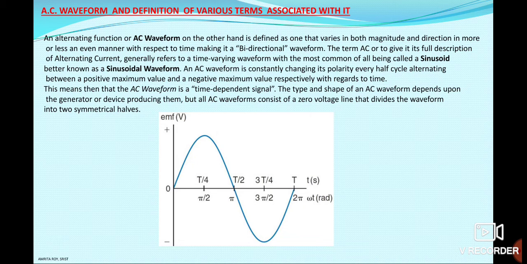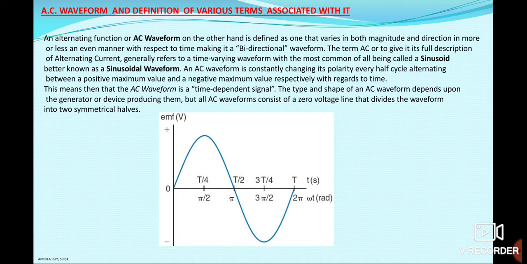Next, we can see the time period. We have to calculate the time period. So what is the time period? The time period is calculated from where the waveform originates to the point where it ends and repeats itself again after the negative half cycle.